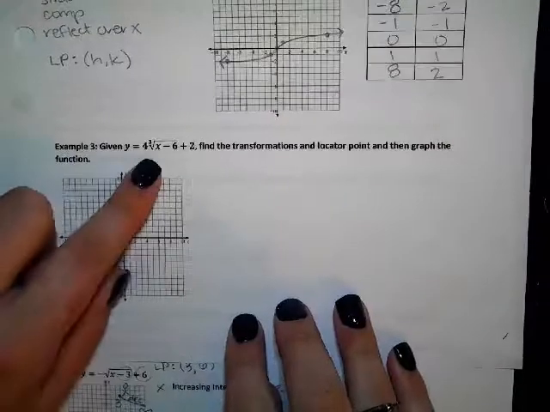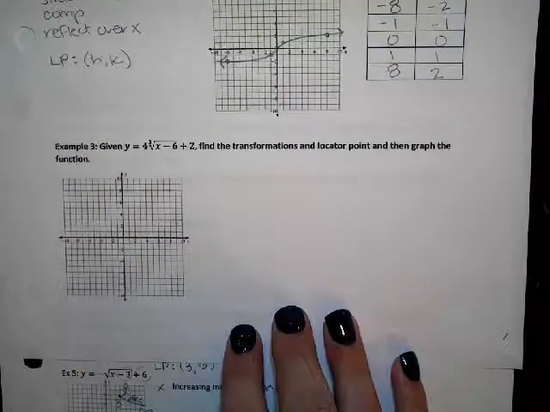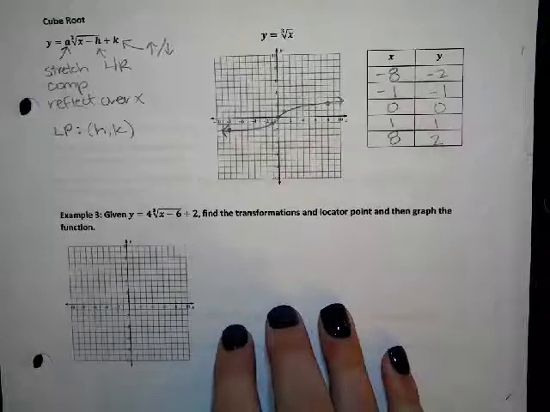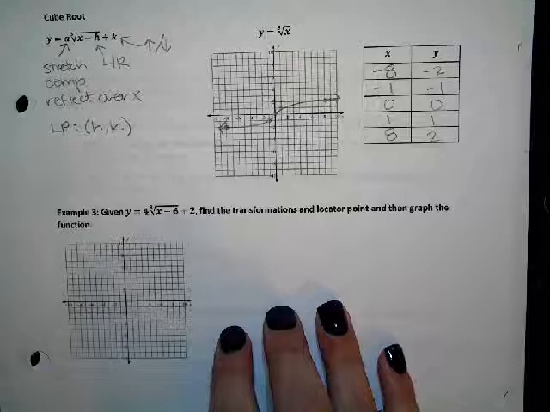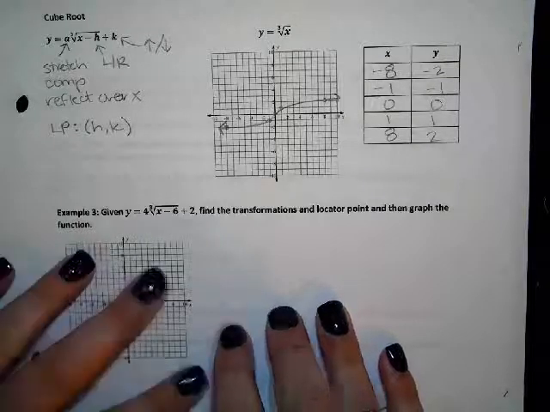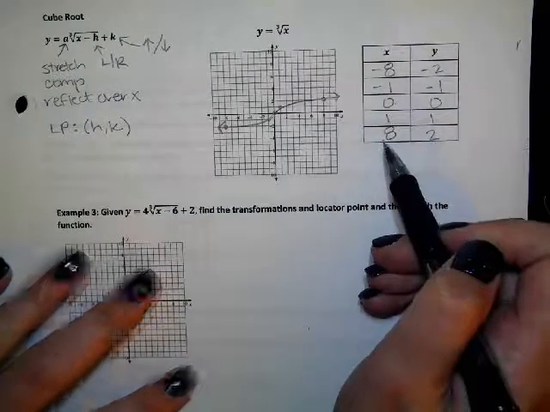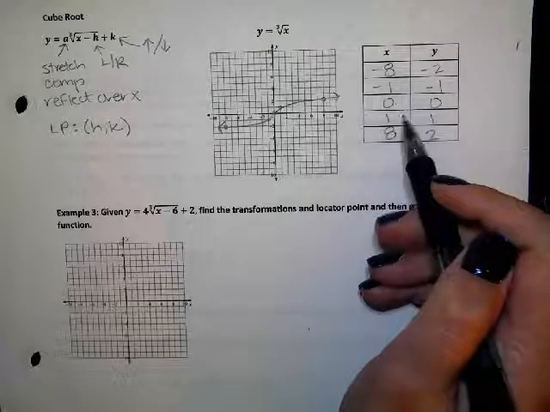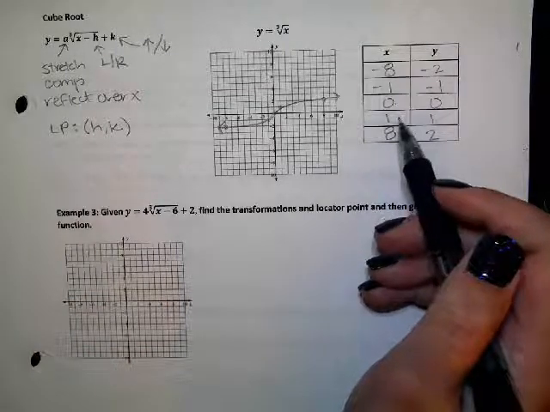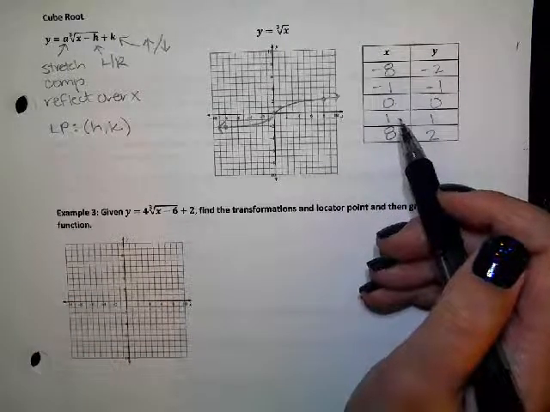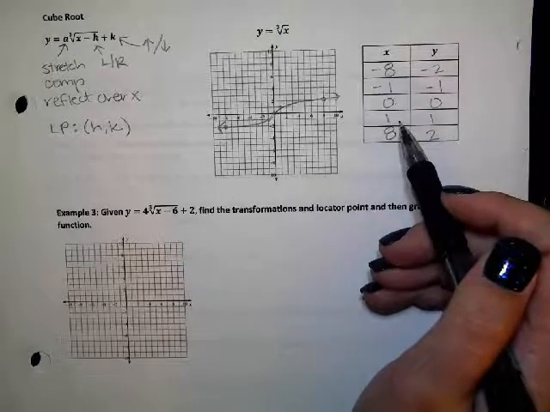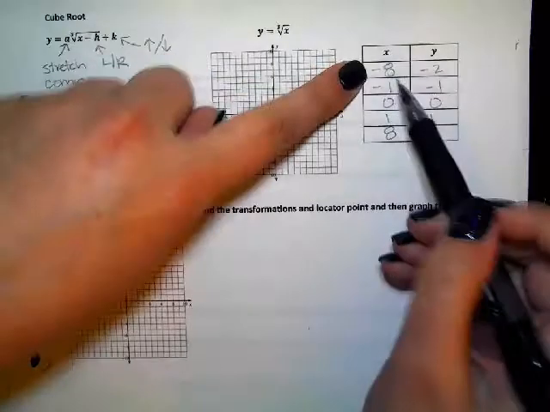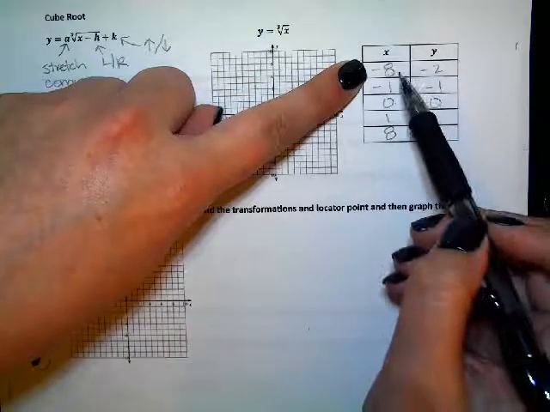All right, so here we have a cube root. The cube root table is a little bit weird if you forget it because you don't just plug in -2 to +2. You want to think about numbers that are easy to cube root. 2 is not easy to cube root because if you cube root 2, you get a decimal, and that decimal is not very easy to graph. So when we think about numbers that we want to cube root, we want to picture numbers that are easy to cube root.